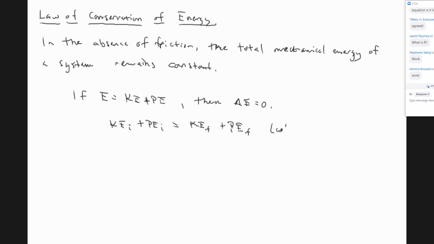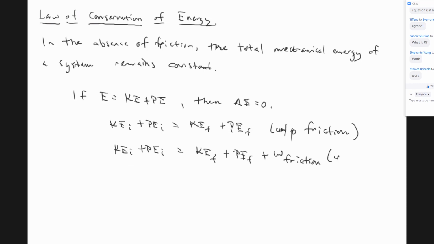And so this is without friction. Now, if you had friction, it'll still be the same thing, initial kinetic plus initial potential. But at the end, after getting the potential and the kinetic energy, you'll also have the work done by friction. This is with friction.